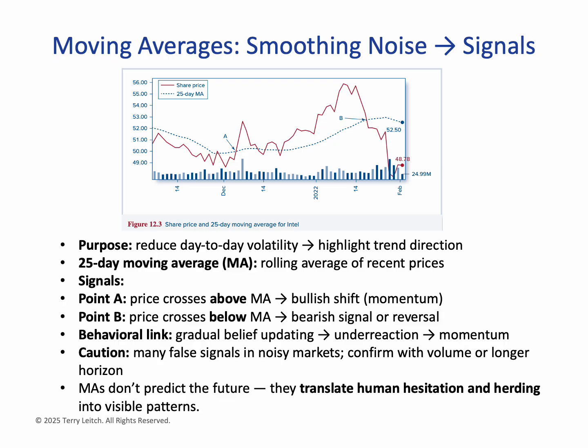So this is actually a pretty good example. Here we've got the actual share price and we've got a 25-day moving average. So we can kind of see that the price is much more volatile than the moving average. That's the key thing when you're using moving averages, is that the longer the period of averaging, the smoother it's going to be.